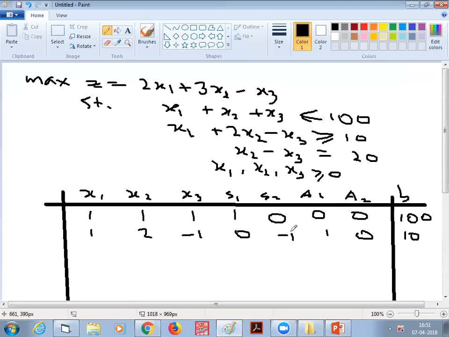So this constraint is minus S2 plus A1. Minus S2. And here, 0, 0, 1, minus 1, 0, 0, 0, and 1. And this is 20.